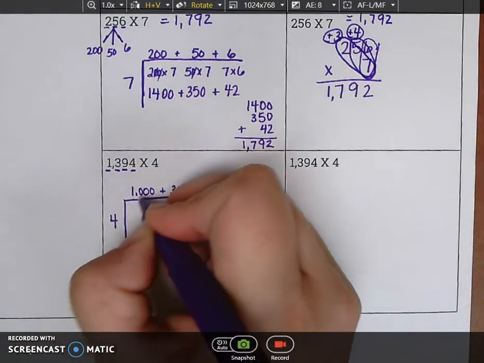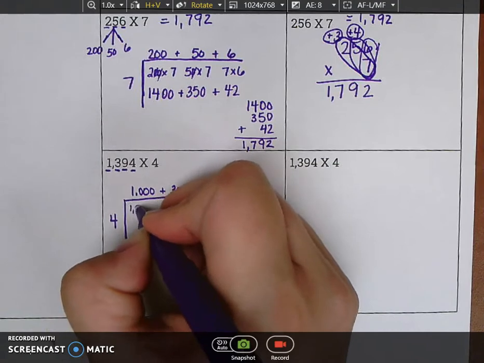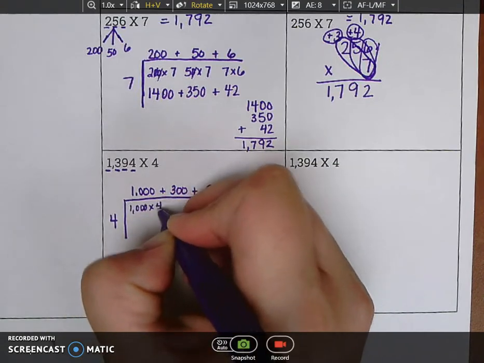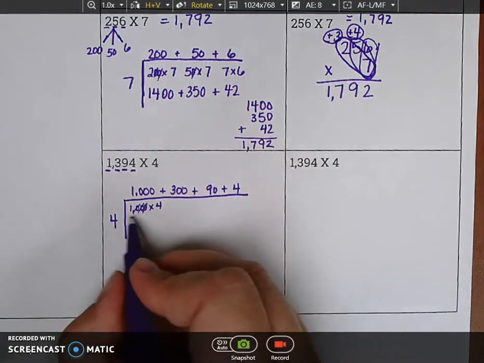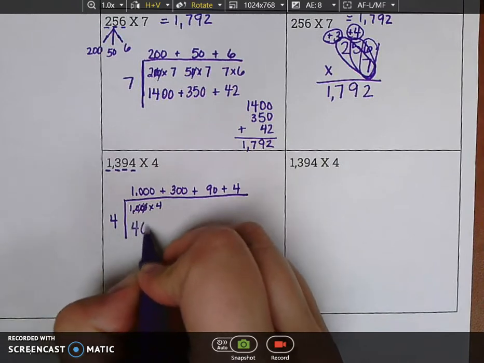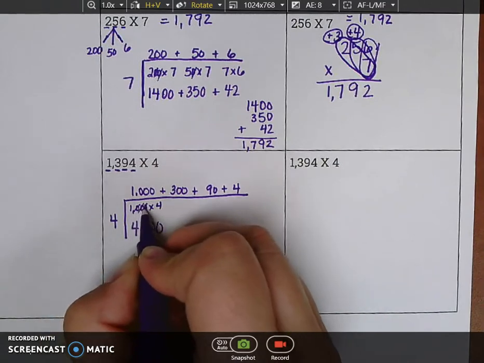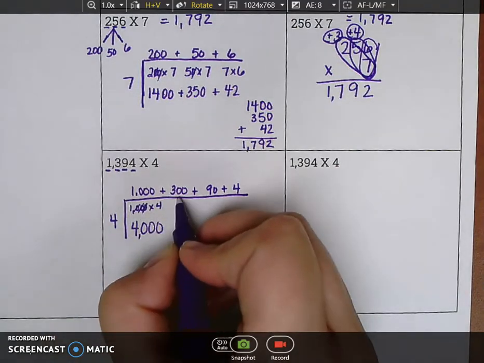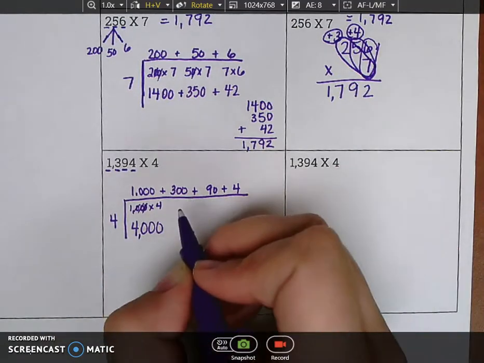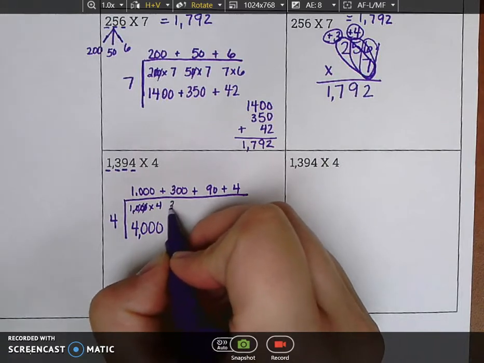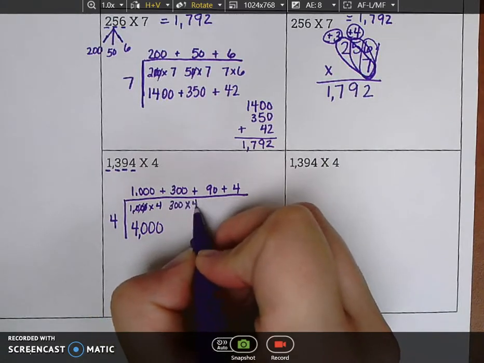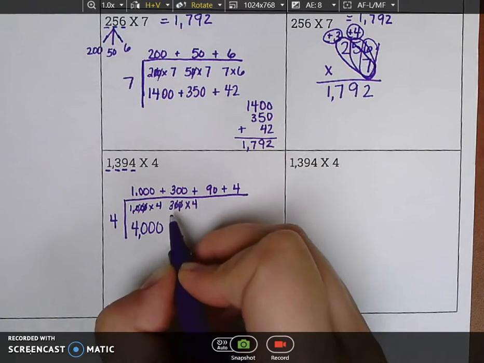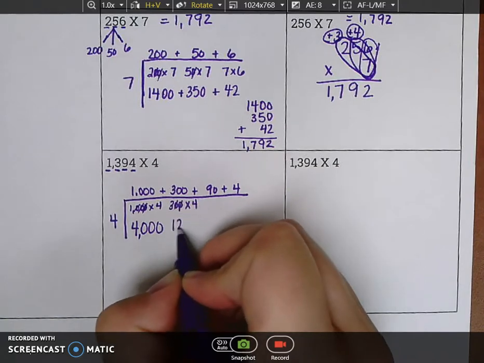So starting here, we're going to do 1,000 times 4. Forget those zeros. 1 times 4 is 4. Add those zeros back on. 1, 2, 3. Next one, we're going to do 4 times 300. So 300 times 4. Cancel out those zeros. 3 times 4 is 12.